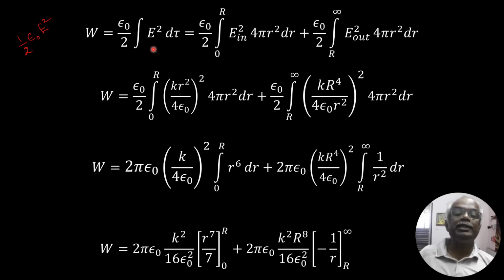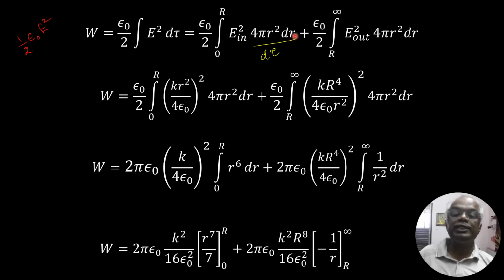So here this E can be separated into two parts. One is inside the sphere, which I have written as E in squared, and d tau is equal to 4 pi r squared dr, the area into the thickness of the small element, which gives you the volume.